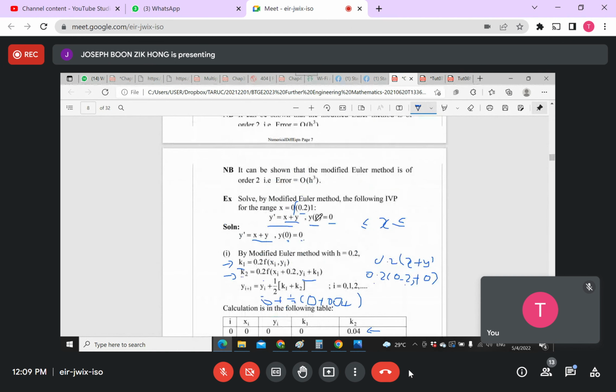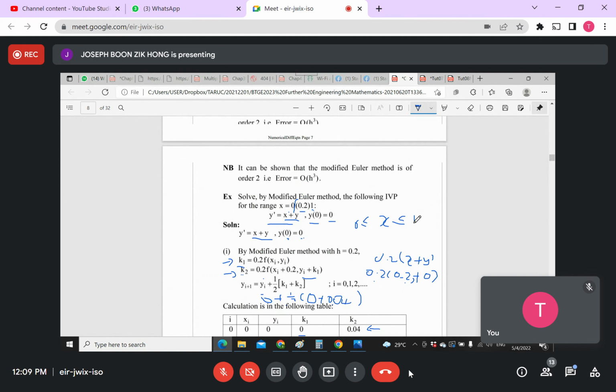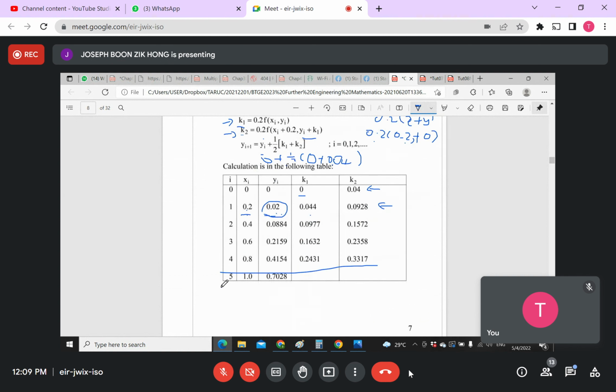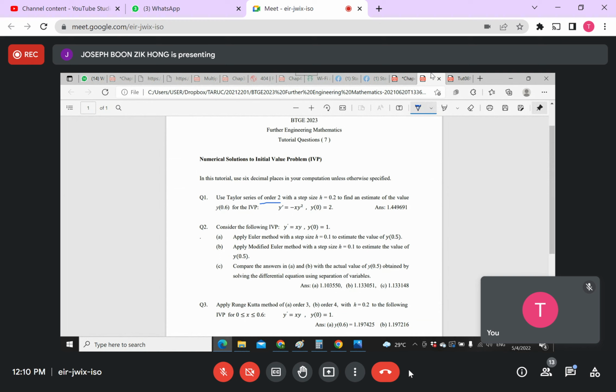I think it's 0 to 1. So actually it should be until here, sorry. That means I want to get the y of 1, then we are done. No need to find the K1 and K2 for this one because the K1 and K2 is used to find the next one. So now, try to do the question 2.